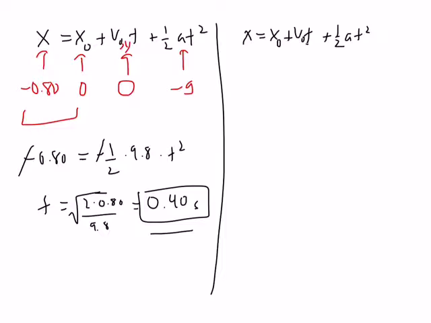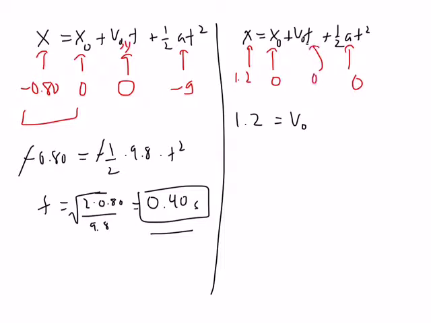How far did it travel? That's 1.2 meters. Where did it start? At the origin. How fast was it moving initially? Well, that's what we want to find. And what's the acceleration? 0. So now we can clean that up. And how long did it take?